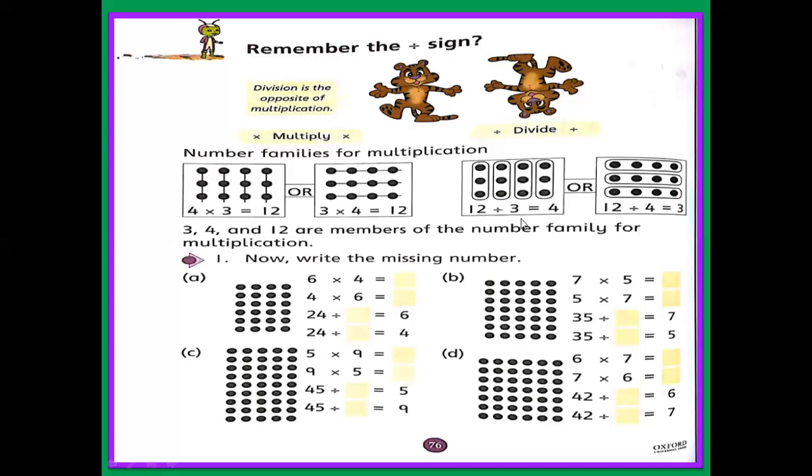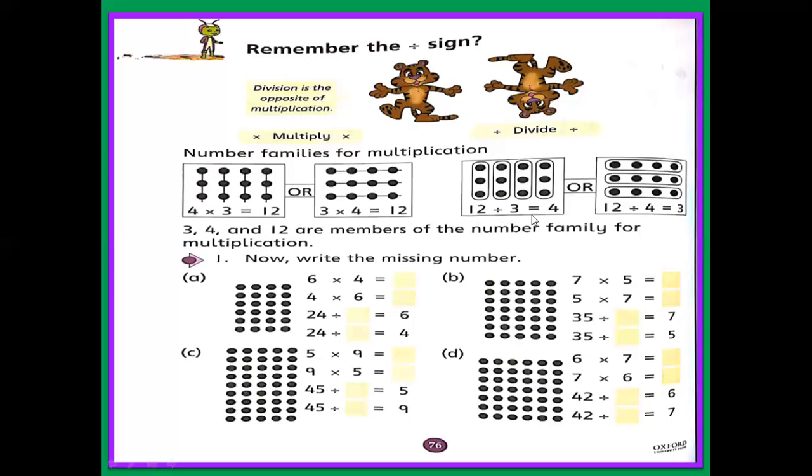But in division, we read the table of the second number till the first number comes in that table. It means the second number multiplied with the answer should become the first number. So 3 multiply 4 is equal to 12.